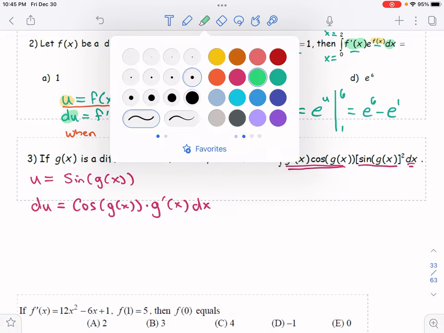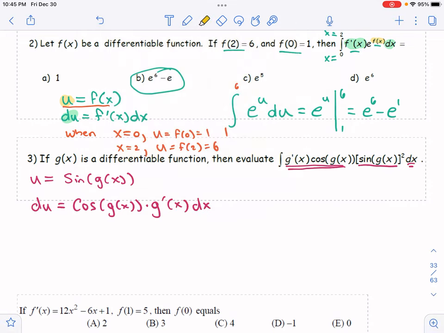And so you'll notice that u can replace this, so that'll become a u squared, and du replaces perfectly everything else. Everything else is what I have here equal to du. So this becomes a nice, clean antiderivative once I've made the substitution.